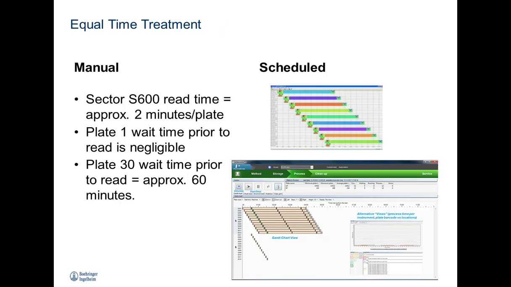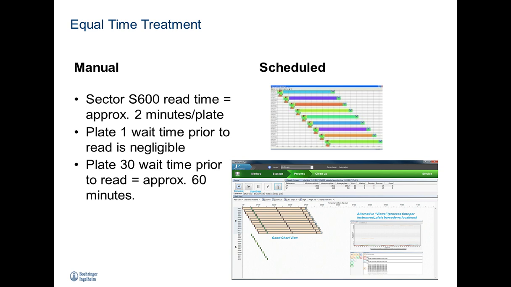And another thing that I had touched on in the preceding slides was equal time treatment. What I mean by that is treating your samples in the exact same manner for every single plate. That applies to liquid handling, mixing, shaking, washing, incubating, and reading. For example, our MSD reader, the Sector S600, for the 384-well plates that we use in our screens, has a read time of approximately 2 minutes per plate.